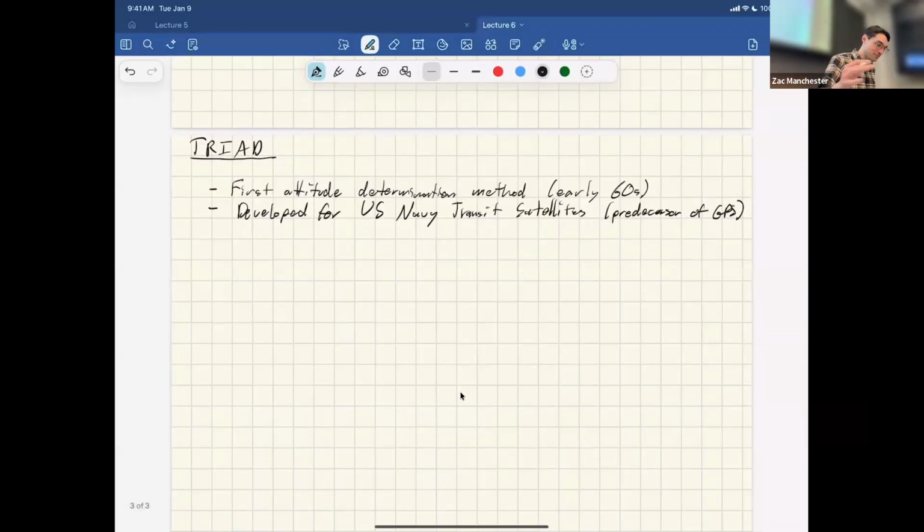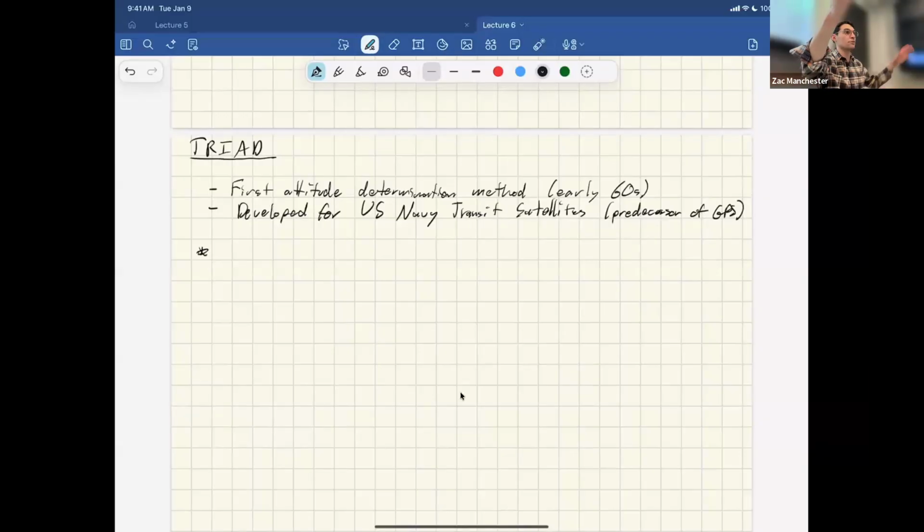Okay, so sidebar. But the gist here is, question for the audience: how many vectors do I need to uniquely determine attitude? When I say vectors, I mean measurements from these sensors. Most of these sensors give you some sort of bearing vector, a unit vector to something.